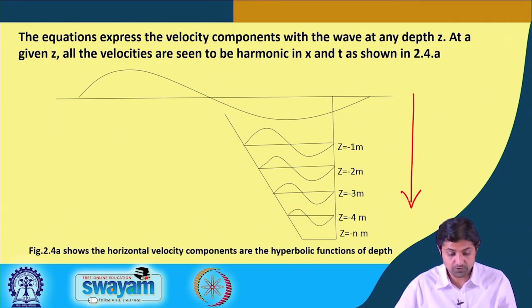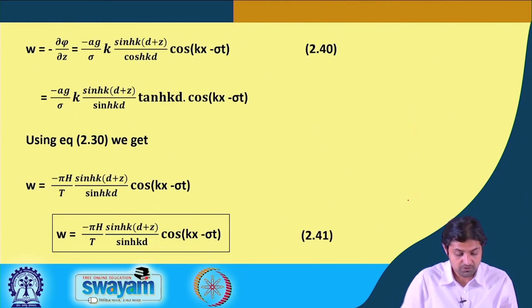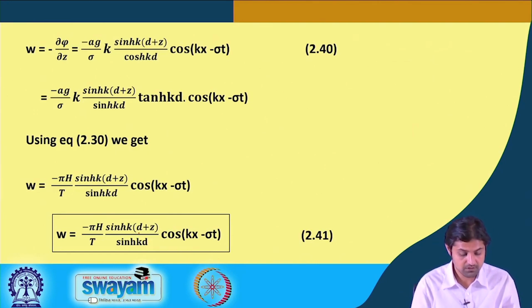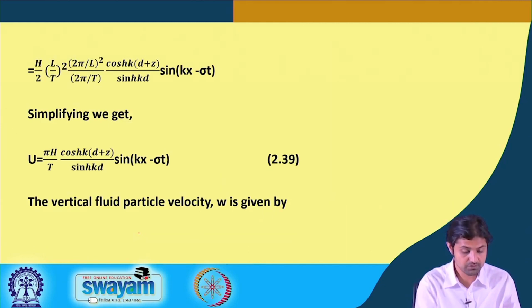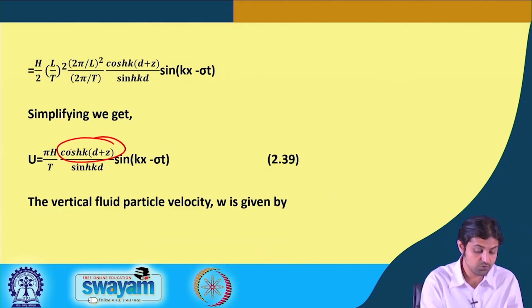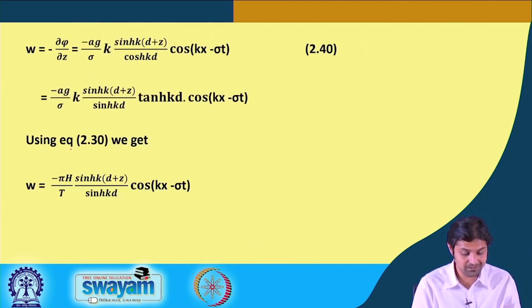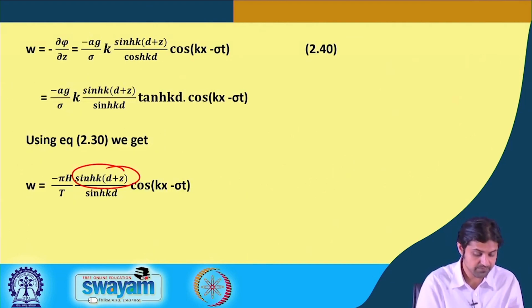Figure 2.4a shows that the horizontal velocity components are hyperbolic functions of the depth, hyperbolic functions of d plus z, and the same with w also. You see, u is in cos h k and w is in sin h k.